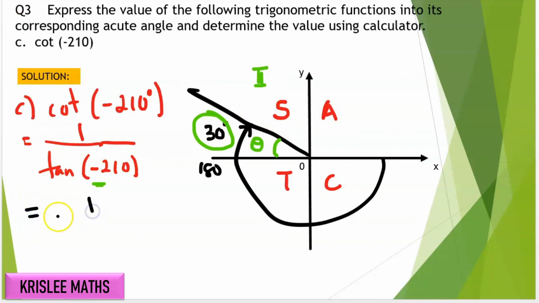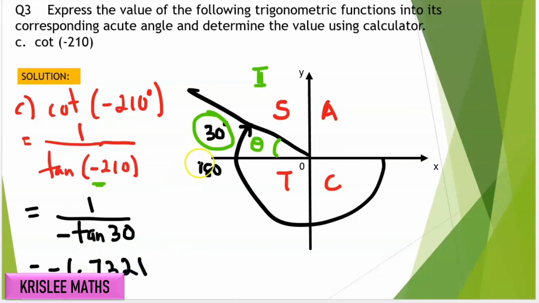So here you can rewrite it as 1 over negative tangent 30 degree, since tangent is negative in the second quadrant and the acute angle is 30 degree. So now we have found the corresponding acute angle. You can use the calculator to find the answer. The answer will be negative 1.7321. With that we have completed question 3.